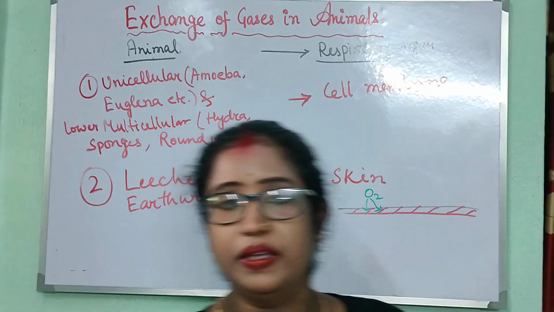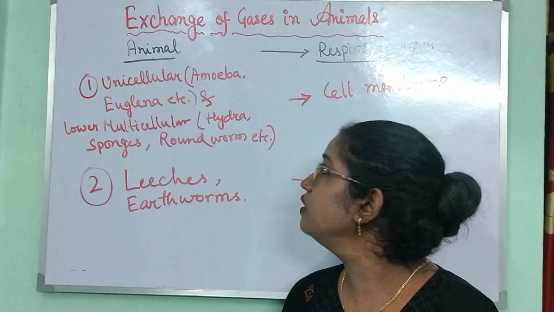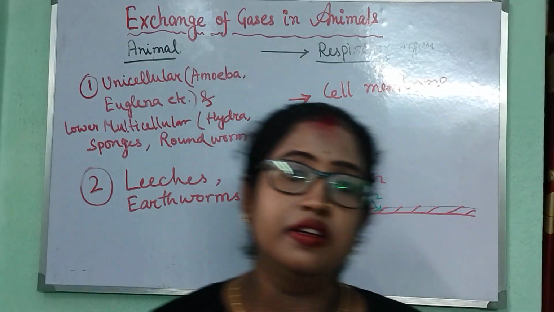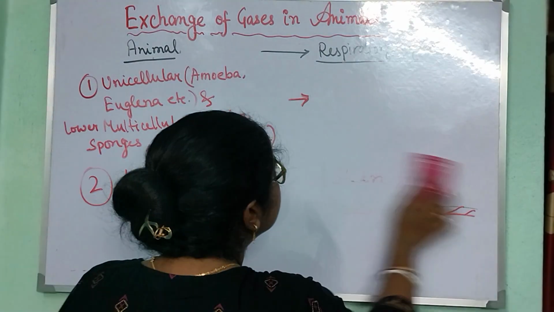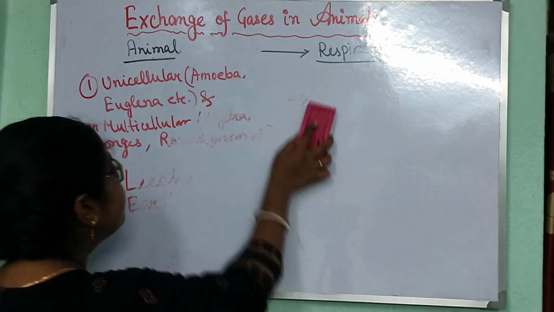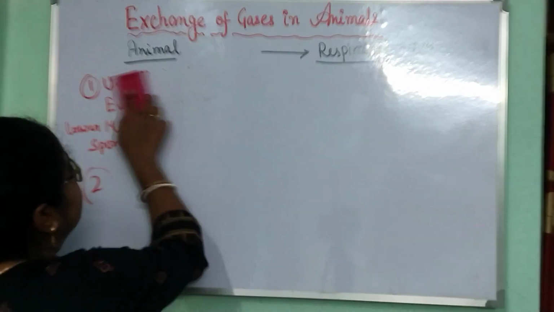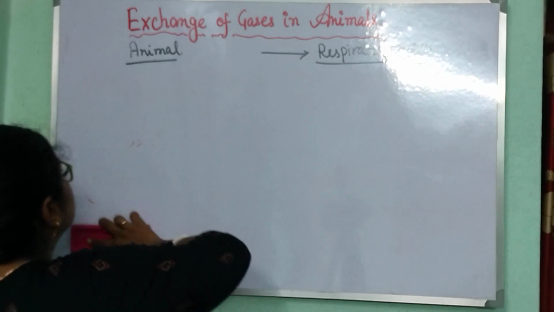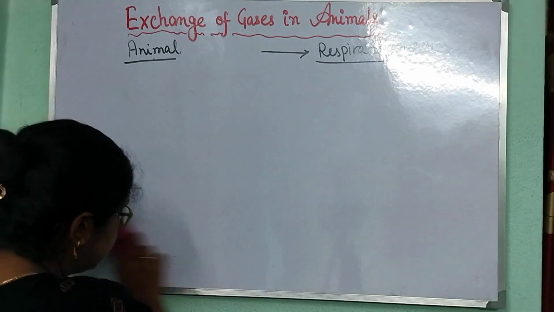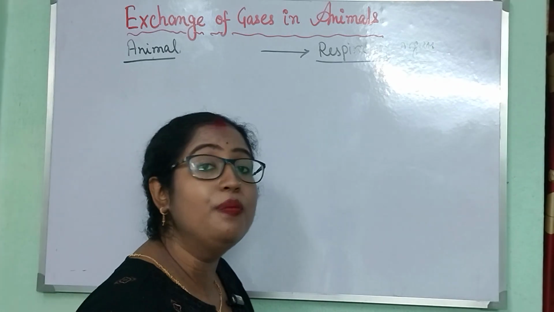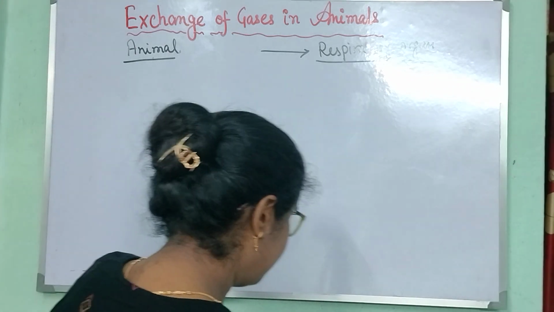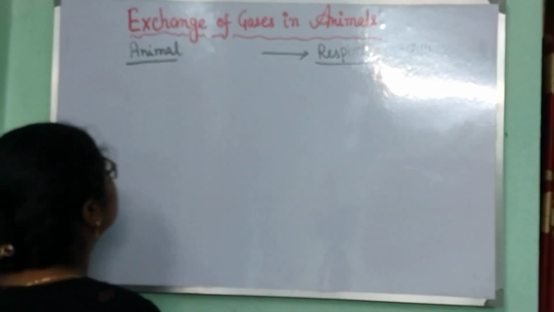The next topic is respiration through the spiracles, or the tracheal system. Insects are the largest group of animals present on Earth's surface.